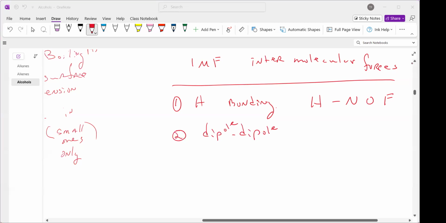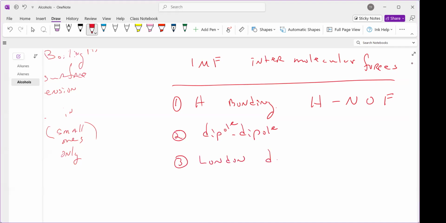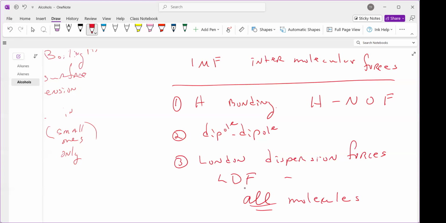And then lastly, we have London dispersion forces, or LDFs. All molecules have London dispersion forces. Sometimes it's just called dispersion forces, and those are the weakest.